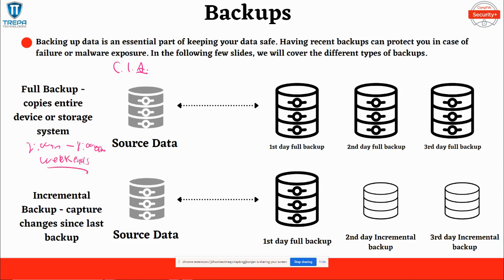And then we have incremental backups. Incremental backups will only capture the changes since the last backup that was performed. Now, we didn't say the last full, we just said the last backup, right? So let's say we didn't perform a full backup. Well, an incremental backup will still only capture the changes since that last backup, okay? And this will make more sense when we get into differential.